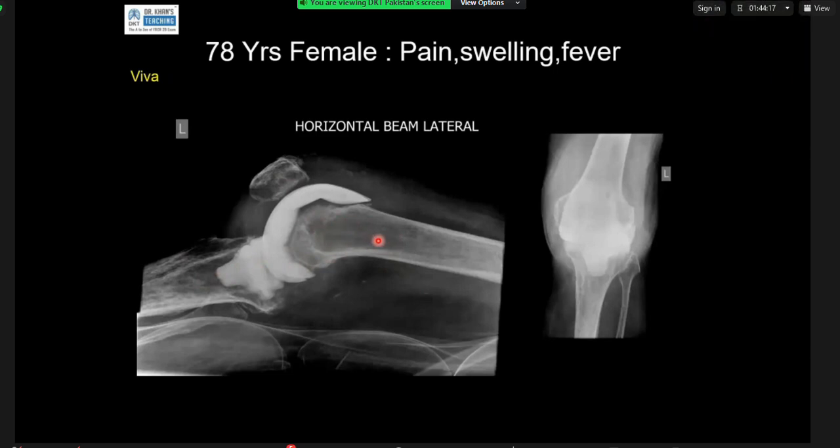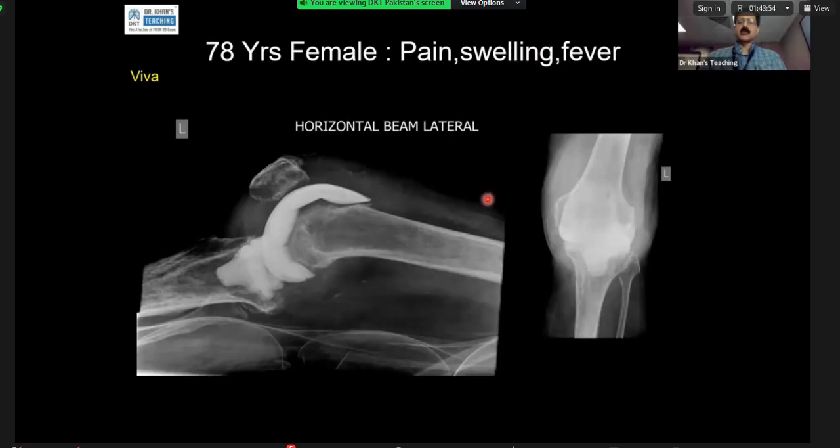Other than that, I can see obliteration of the soft tissue planes surrounding the distal femur. So this patient has got a total knee replacement. Right? Yes, sir. So now the question is, with this kind of swelling, what is happening?